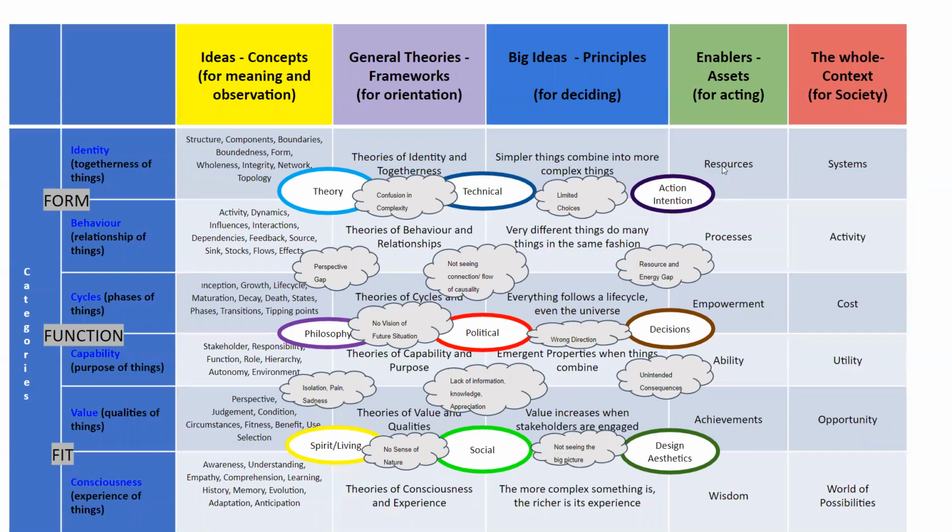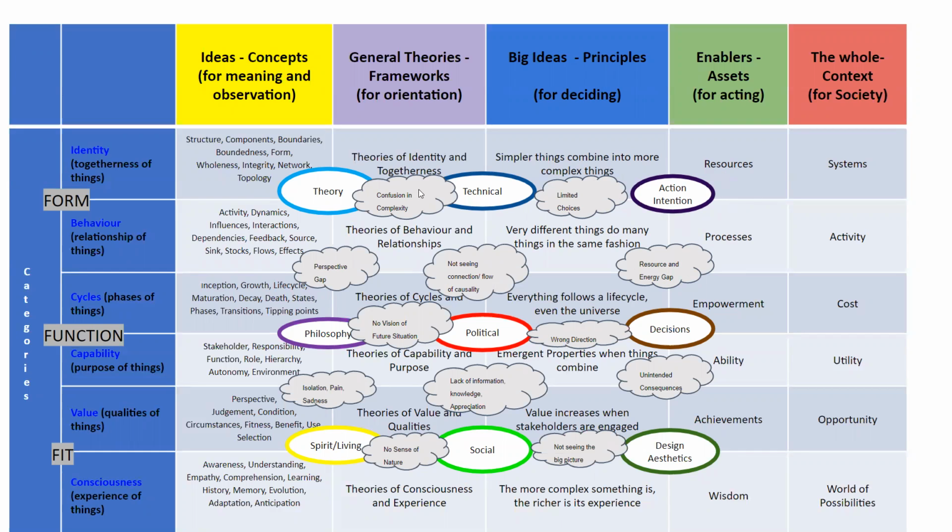So this is drawing on resources and processing and the understanding of things like simpler things combine into more complex things, and very different things do many things in the same fashion. So this power here addresses limited choices and the resource and energy gap. That's what's going on here.